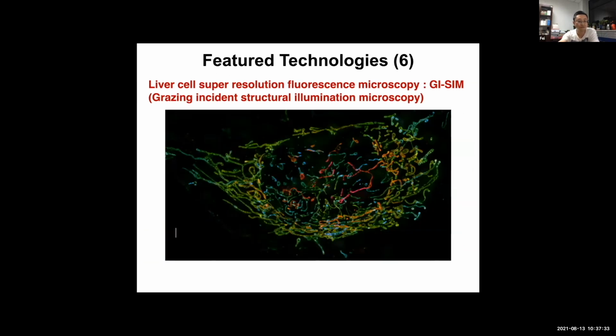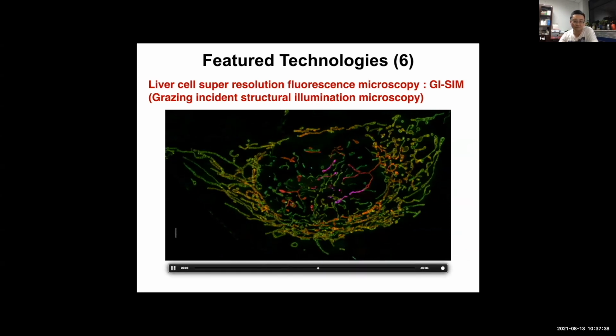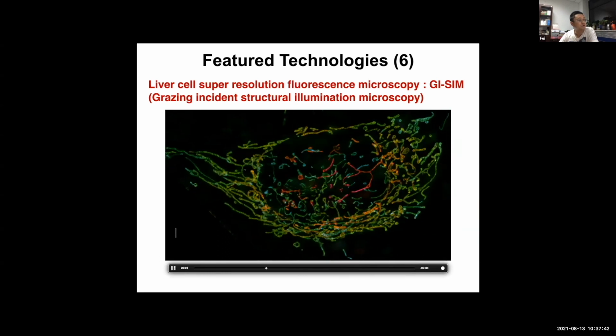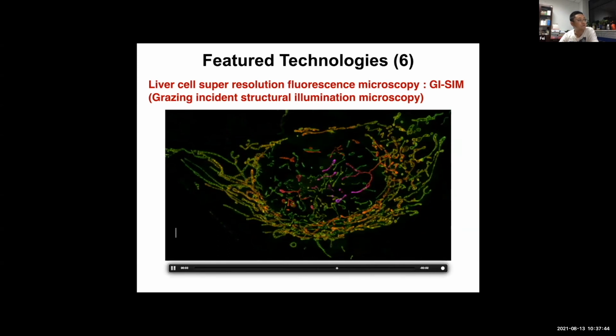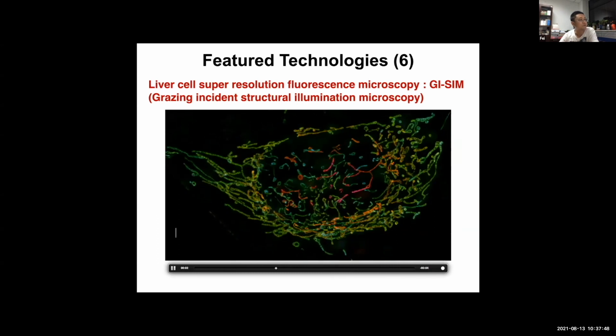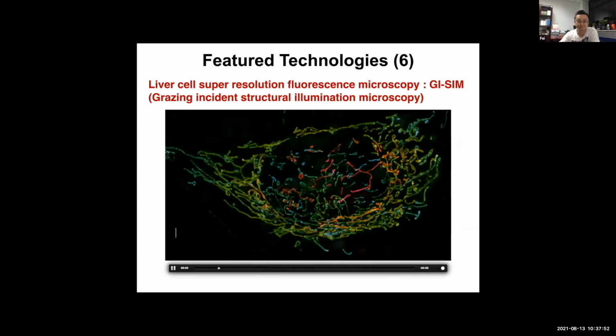And using this fluorescence microscopy, we can image live cells, so we can see the dynamics of mitochondria with different heights and different shapes.